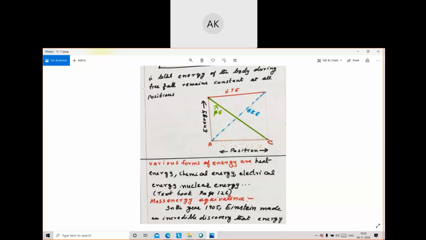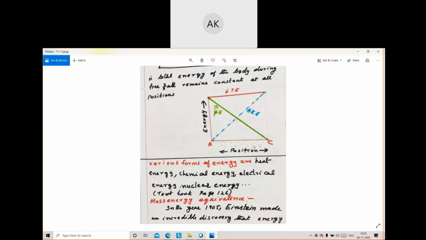At C, just before it hits the ground, potential energy is zero. So this is the graph for energy and position. At A, potential energy is maximum, and at C, potential energy is zero. This is the graph for potential energy during the free fall of a body.